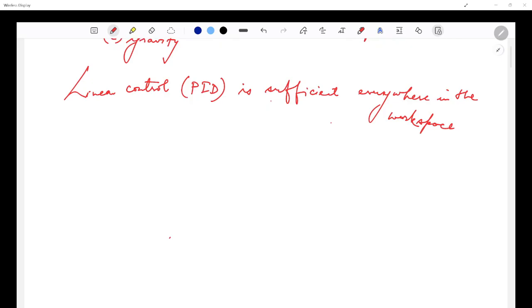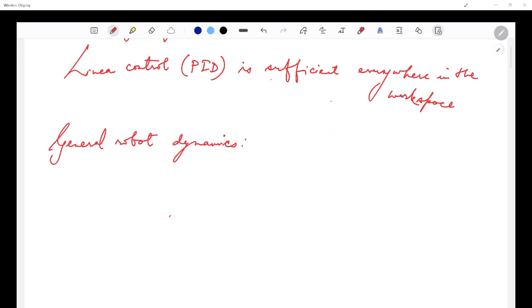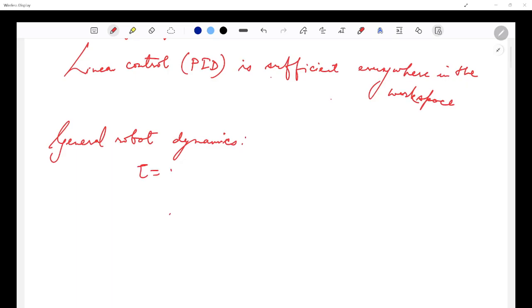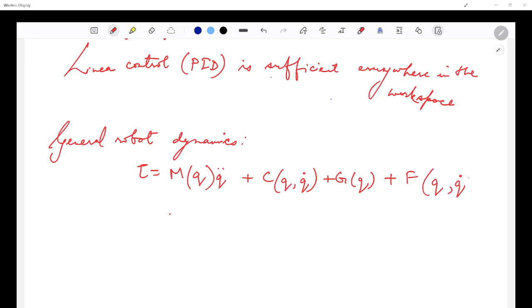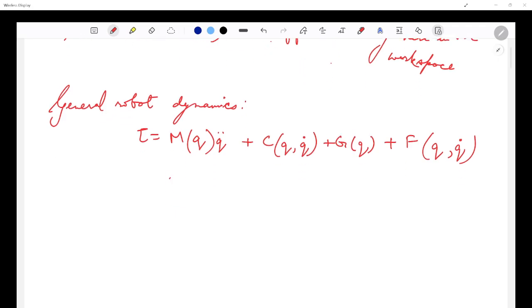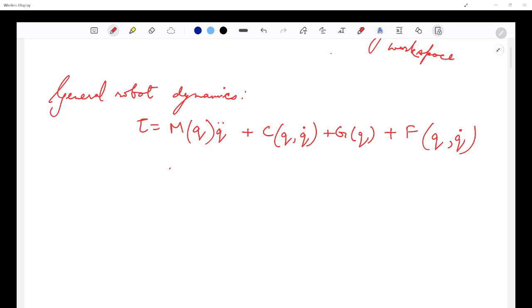So what is the general robot dynamics that you have read? It is given by tau = M(q) q double dot + C(q, q dot) + G(q) + F(q, q dot). Here, tau is the joint torque vector.